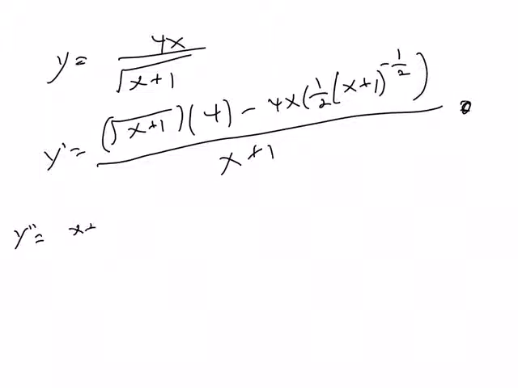I have x plus 1 times everything on top, which is square root of x plus 1 times 4 minus 4x a half. Wait, no, the derivative.